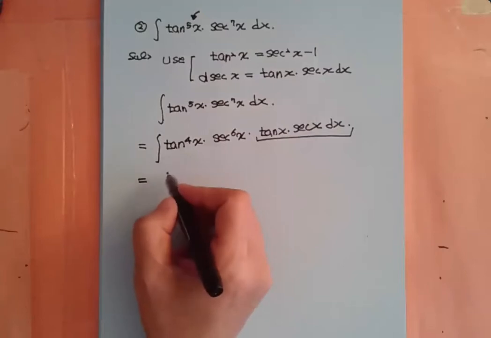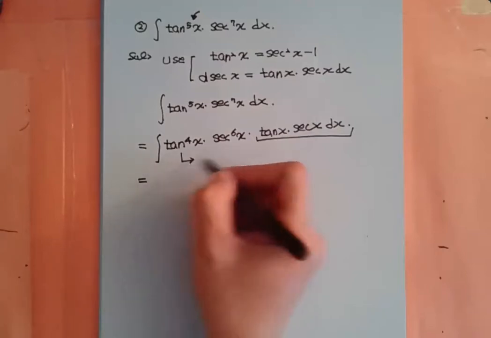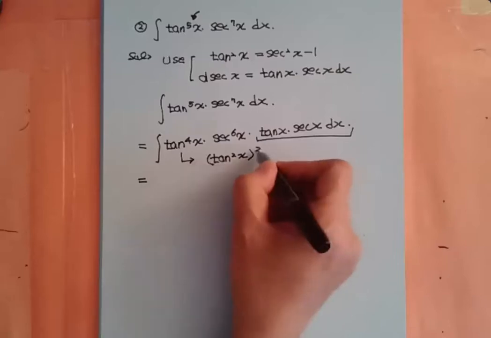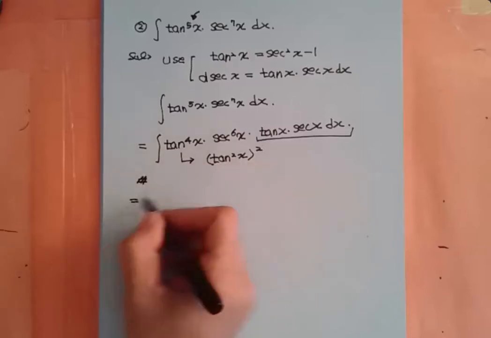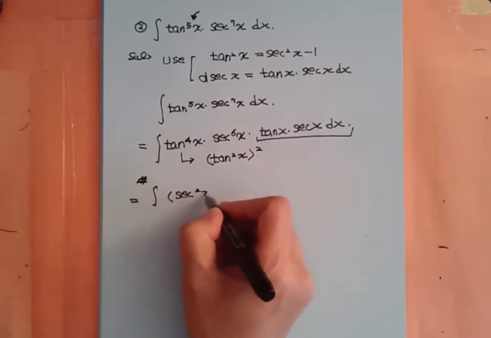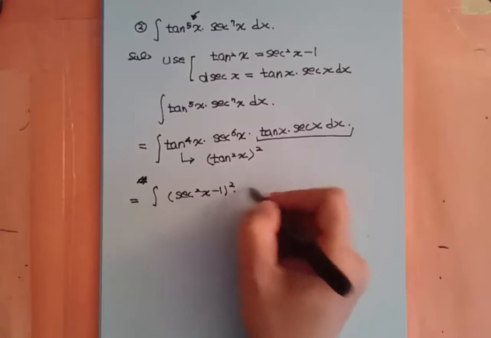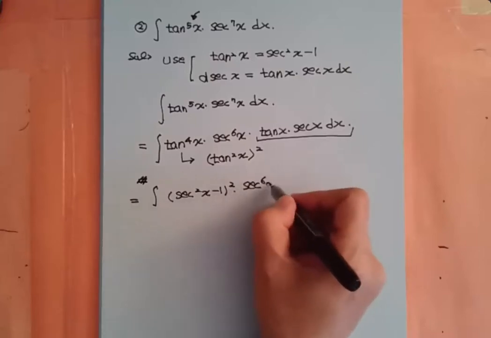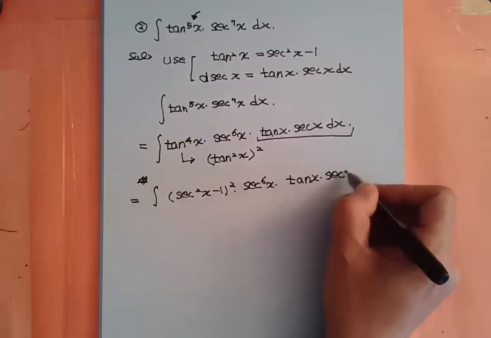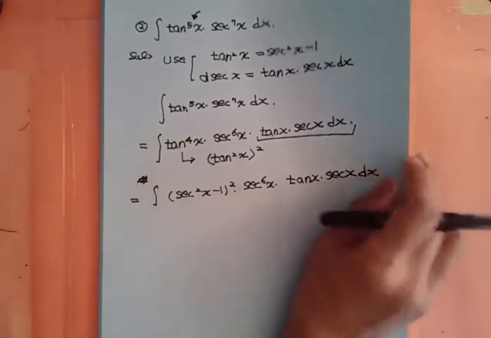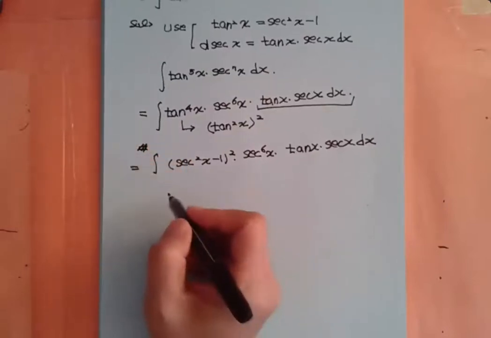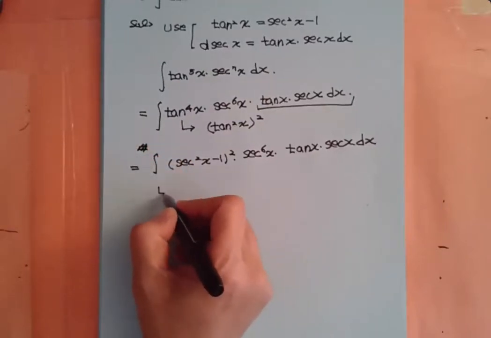So this one can be understood as tangent squared of x, squared. So this one will be the integral of secant squared of x minus 1, squared, times secant to the 6th power x times tangent x times secant x dx. So I said we will do u substitution with secant.